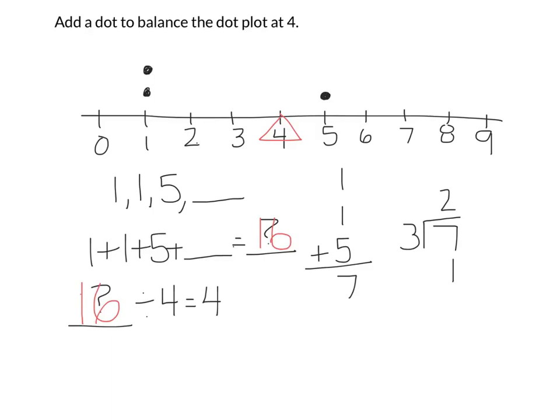Right now, with just 1 plus 1 plus 5, I already added over here, it is a total of 7. So right now I have 7, and I want to equal 16. So what do I have to add to 7 to equal 16? 7 plus what equals 16?